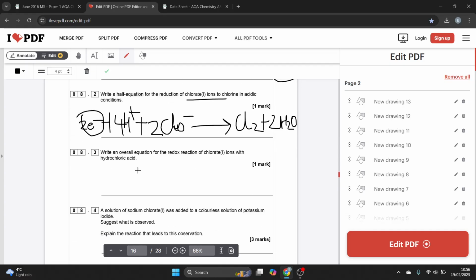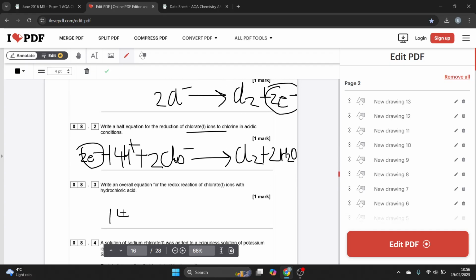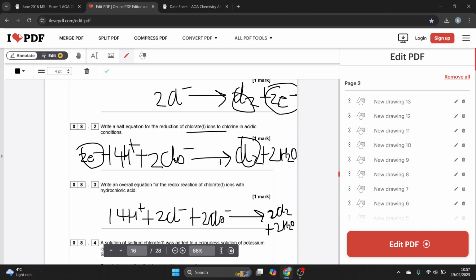Negative electrons already cancel out, so I'm left with 14 H pluses plus 2 Cl minus plus 2 ClO minus go to 2 Cl2 plus 2 H2O. Where do I get 2 Cl2 from? 1 chlorine there, 1 chlorine there, so it just adds up to 2 Cl2.